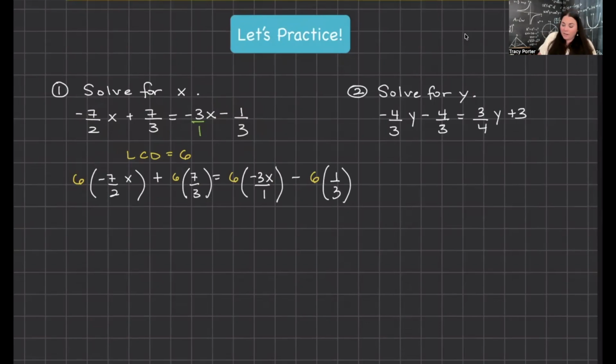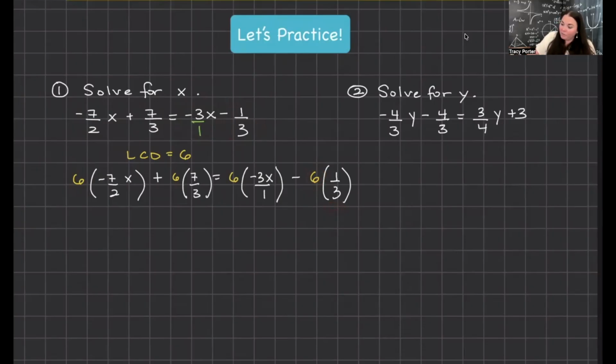So you've got 6 times the first term, 6 times the second term, and that's everything on the left side of the equation. Then we have 6 times this term on the right side, and then 6 times the 1/3 right here. You can do it all in one step, or we can write it out like this.